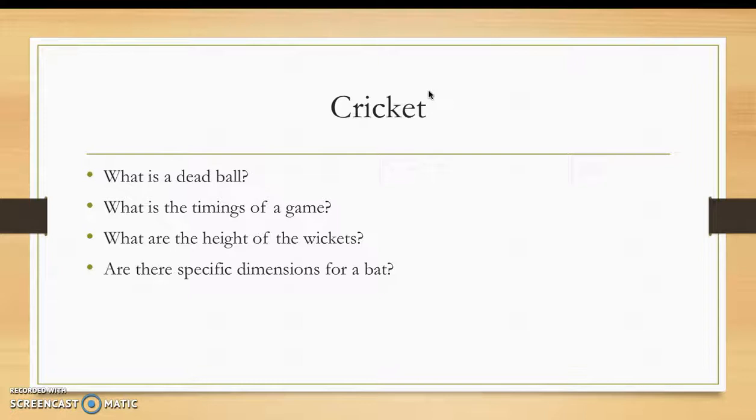The length of the bat may be no more than 38 inches and the width no more than 4.25 inches. What size should the ball be? Cricket balls for use in the men's game when new shall weigh no less than 5.5 ounces and no more than 5 3/4 ounces. They shall measure no less than 22.4 centimetres and no more than 22.9 centimetres in circumference.